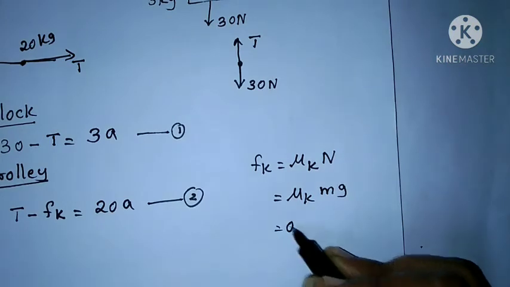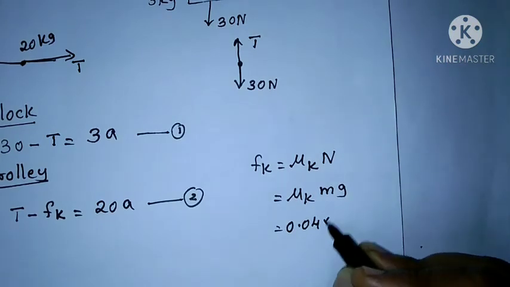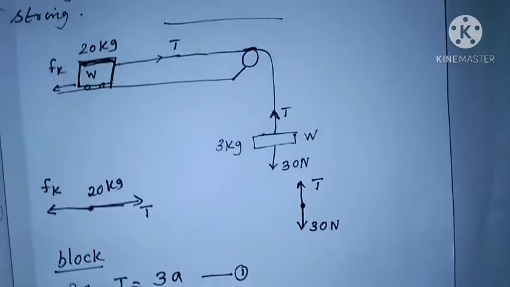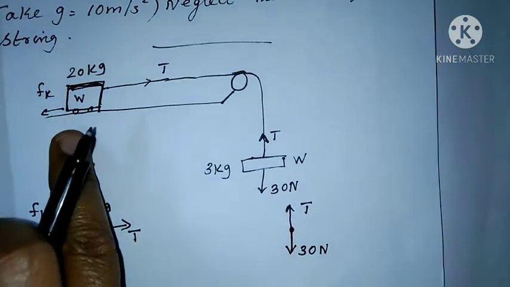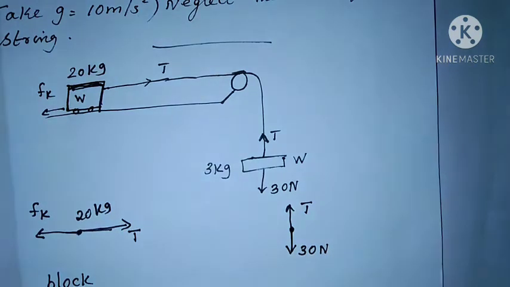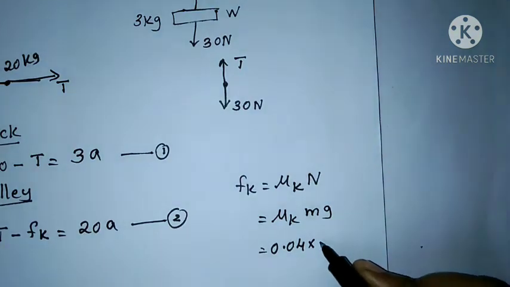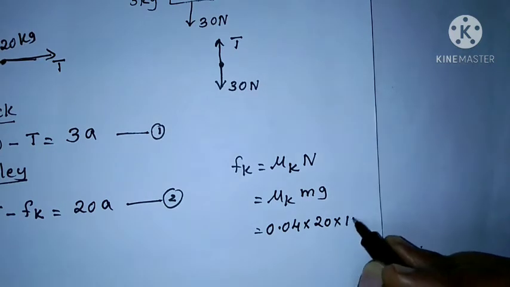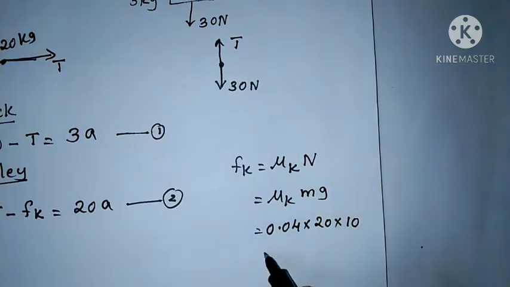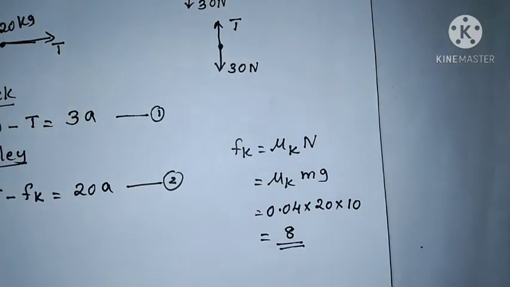The mass is the mass of the trolley, 20 kilogram, because Fk acts between the trolley and the surface. So we write 0.04 into 20 into g, which is given as 10 in the question. When you multiply, it gives 8. So Fk equal to 8.